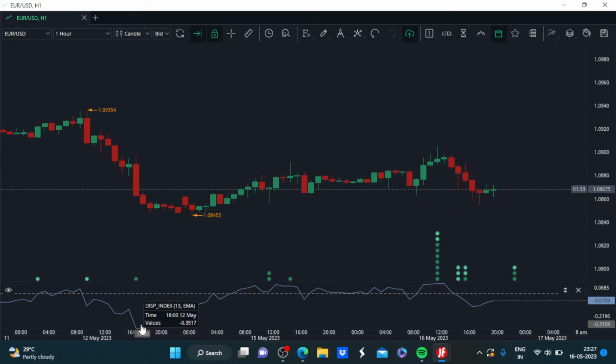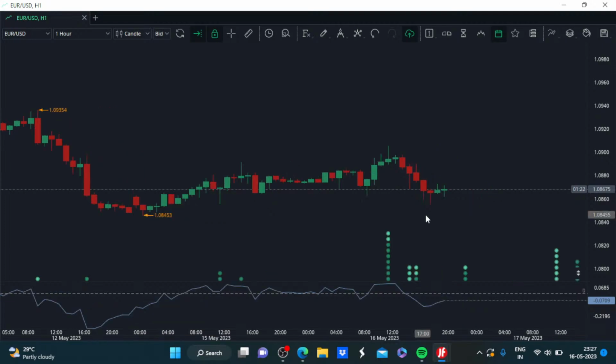Now, if we look at the output parameters, as I said, we are taking the help of the closing value and the EMA. If we consider the EMA 13 and the price moves over the last couple of hours, earlier in the day the momentum was bullish, so here we had this rise, and the disparity index was in positive territory with a disparity of around 0.1%.